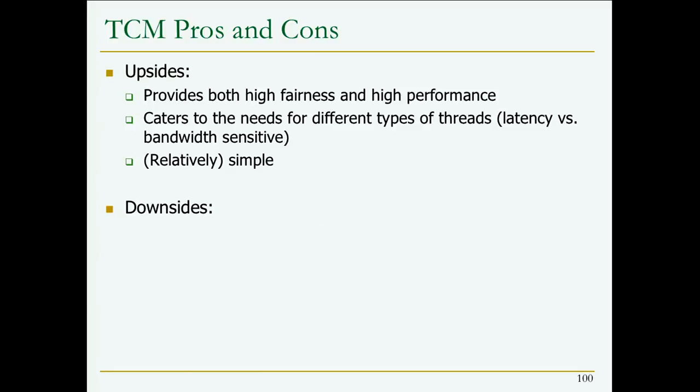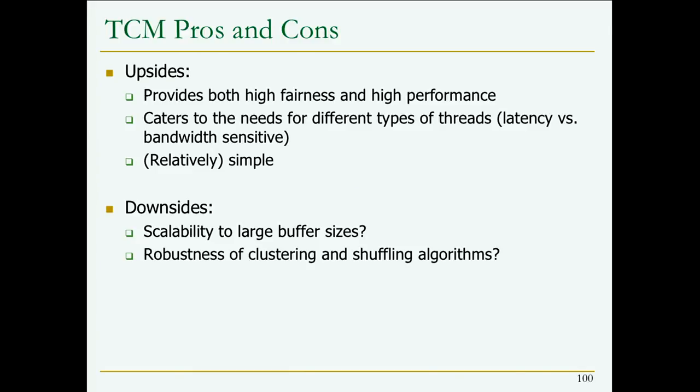So there are a bunch of downsides. How do you scale this to large buffer sizes? It turns out it's not easy. How do you optimize the knobs? That's not easy. And robustness is a problem in terms of clustering and shuffling. There are a lot of knobs or moving parts in thread cluster memory scheduling. If you get the clustering wrong, then you may destroy a thread's performance significantly. Because if a thread is neither a mouse nor an elephant, where does it belong?